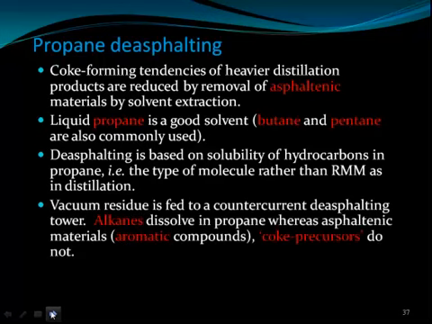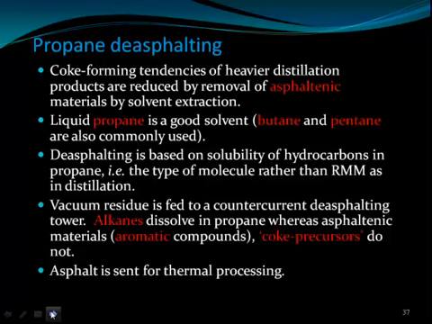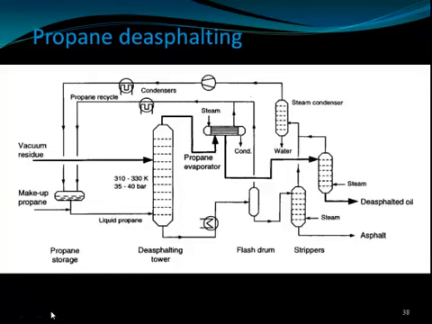Then vacuum residue is fed to the countercurrent deasphalting tower. Alkanes dissolve in propane, whereas asphaltenic materials, aromatic compounds and the coke precursors do not. Then asphalt is sent for thermal processing because it is also of major value. In propane deasphalting, the crude oil after distillation is fed over here.